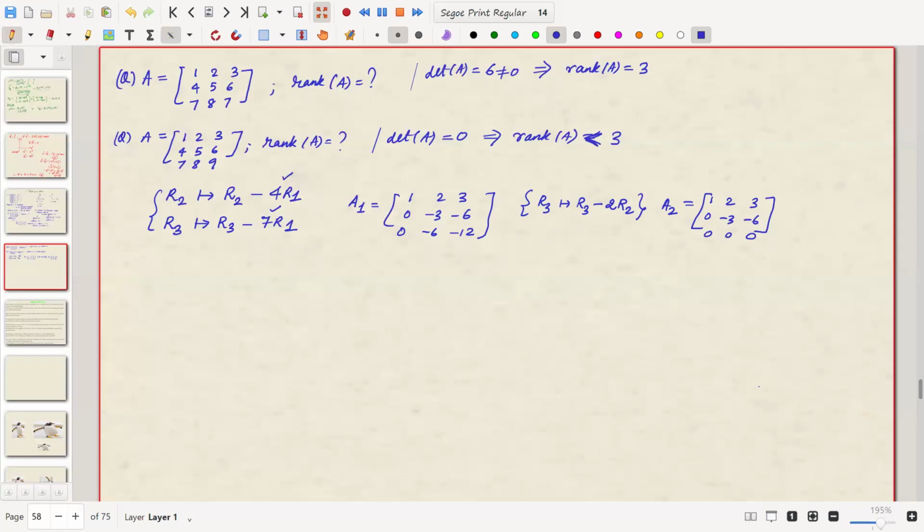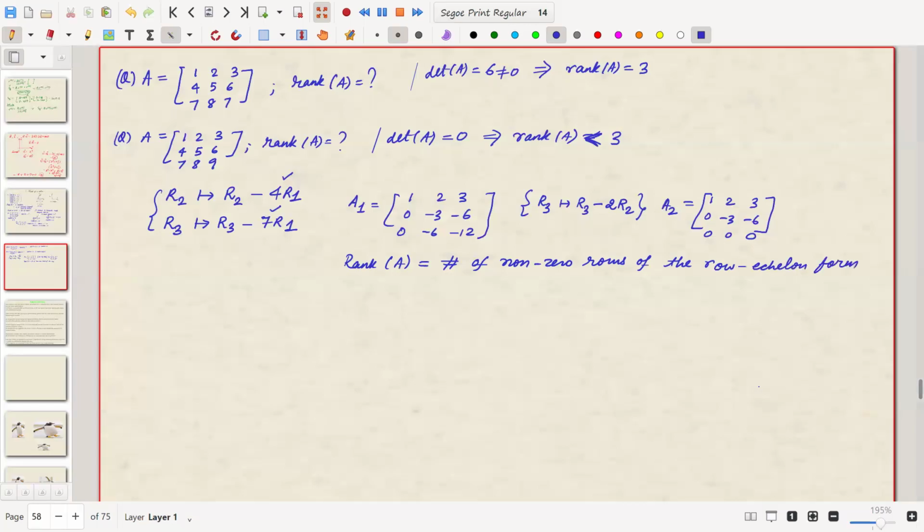Yes, it will. If you reduce the matrix using row echelon form, then it is a property saying that rank of a matrix A is equal to the number of non-zero rows of the row echelon form.